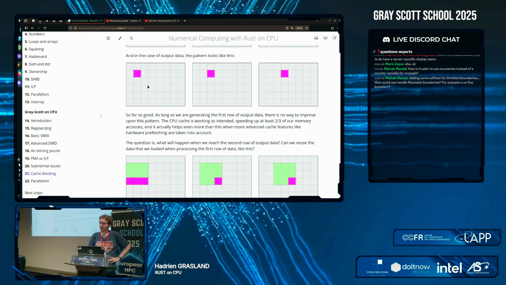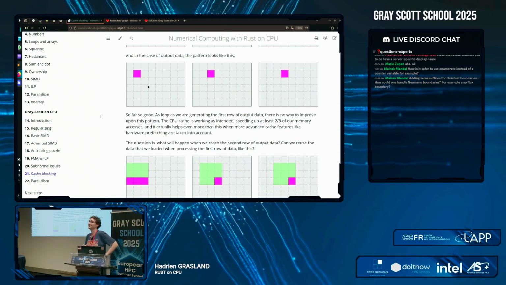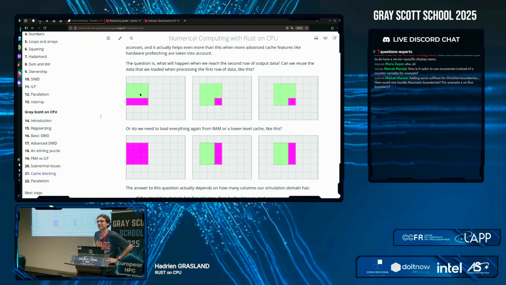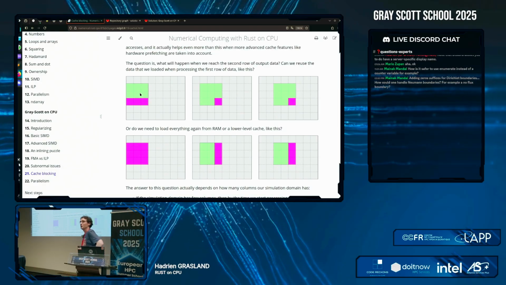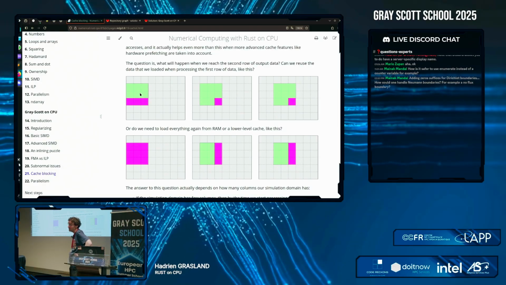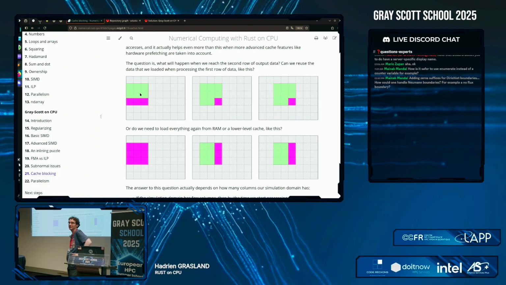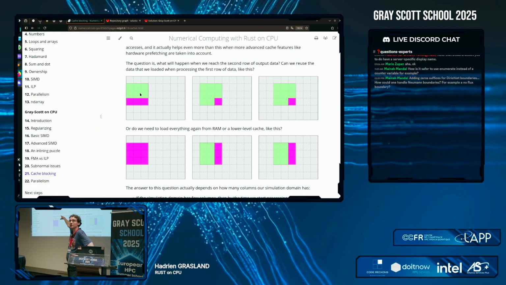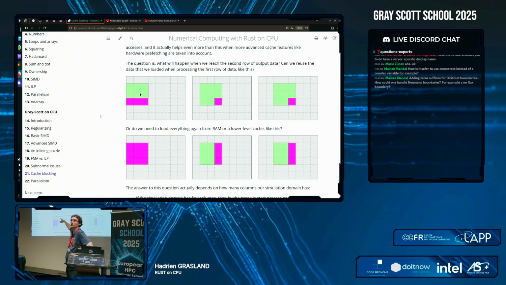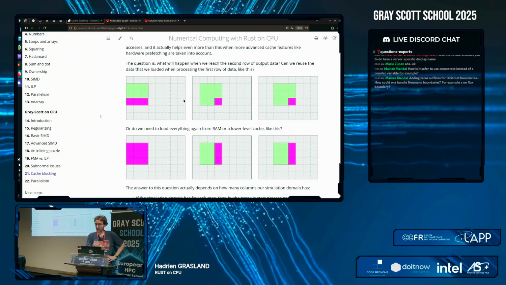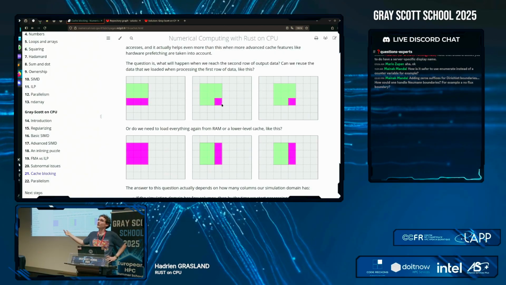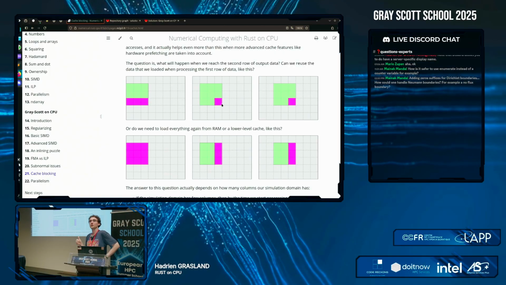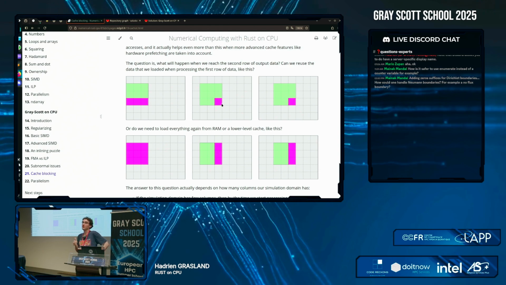The question is, what happens when you go to the next line? In an ideal world, you would like to have this. So your CPU cache still remembers which data you're accessing. It remembers that you accessed these squares in green last time, so it doesn't need to load them again. And then, as you move over the second line, you only need to load one new input per input array, which is great for memory access performance.